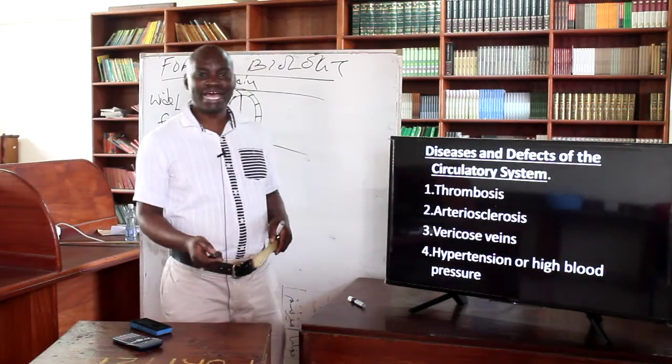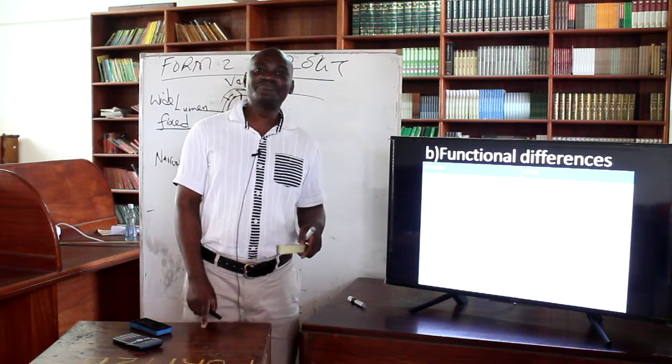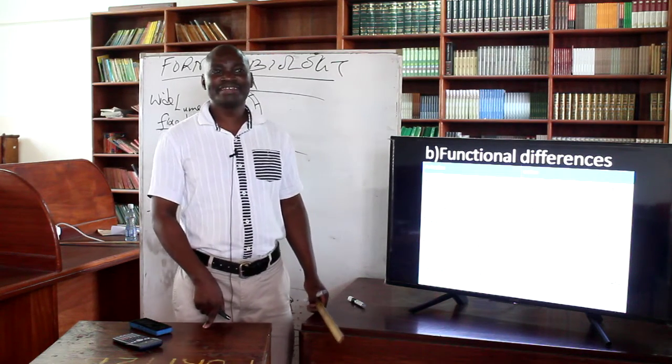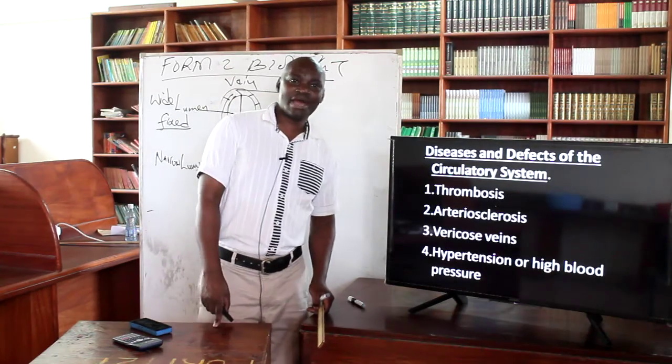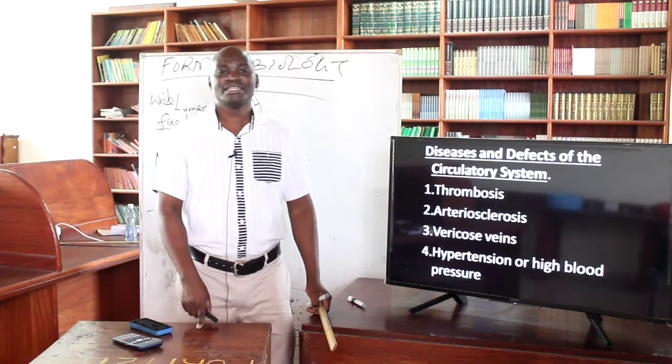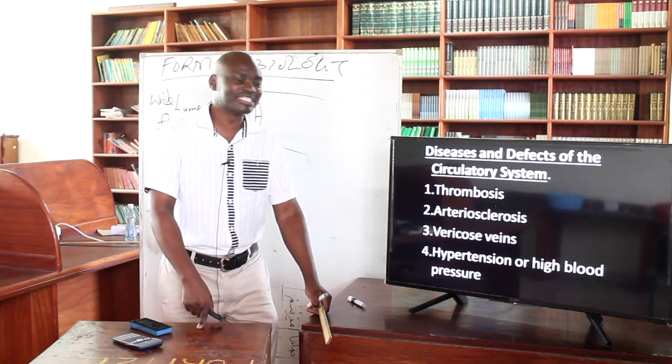That brings us to the end of the differences between arteries and veins. Now, our next discussion is the diseases and defects of the circulatory system.